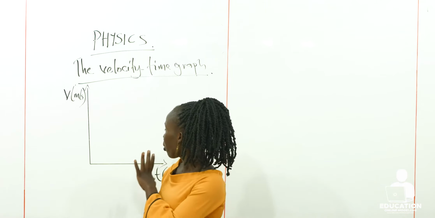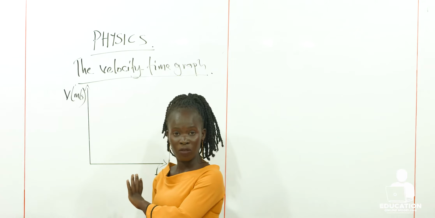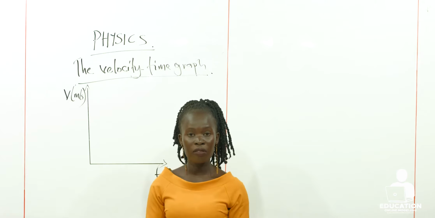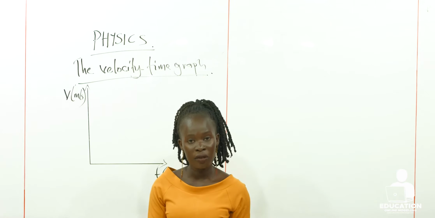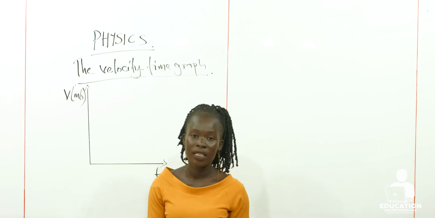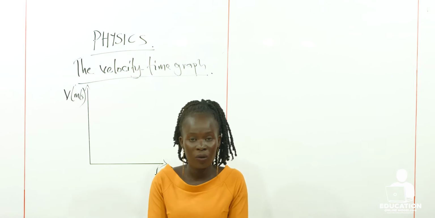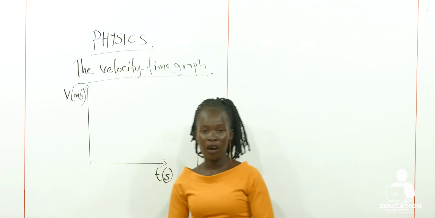With this velocity time graph, there are going to be many different lines you use for describing motion. When the object is moving with a uniform velocity, how will the graph look? When it is moving with a non-uniform acceleration, what happens? Those are some of the features of the graph.